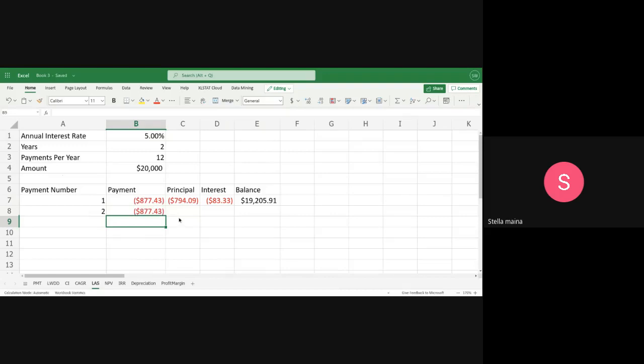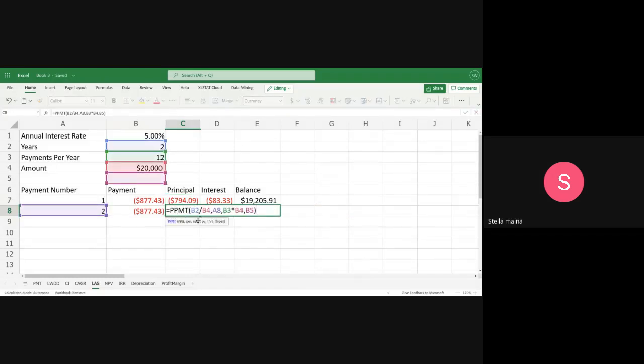Okay, so this is going to be still B1 divided by the payment per year, which is still B3, and then A8, that's okay.